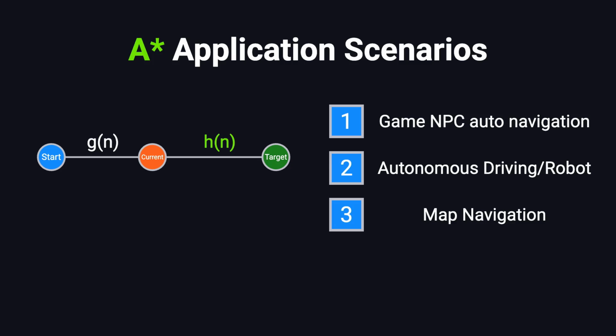Even map navigation apps like Google Maps or Apple Maps often use A*, or an algorithm based on it, to calculate routes behind the scenes. All in all, A* is a well-structured and powerful algorithm for pathfinding. And as long as the heuristic is chosen wisely, A* is both fast and accurate, making it one of the top choices for solving shortest path problems.